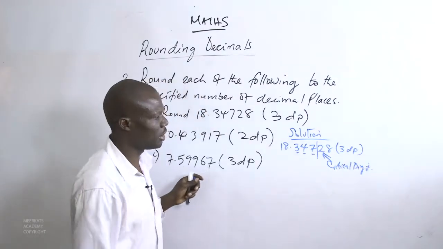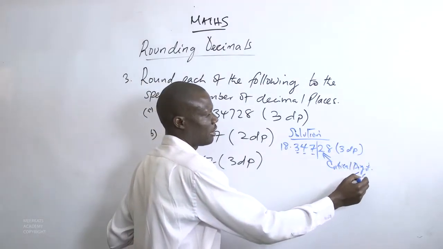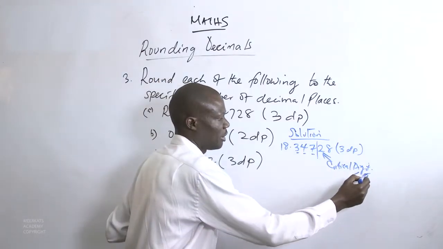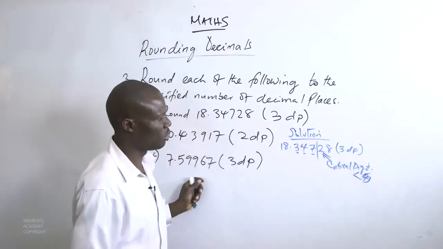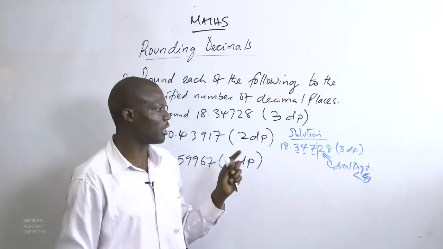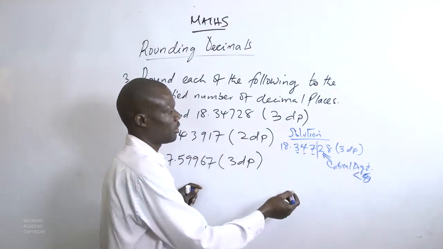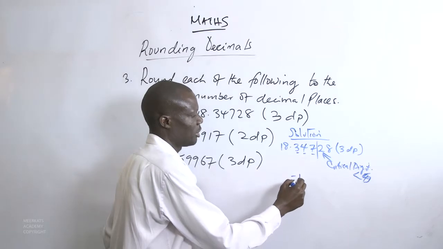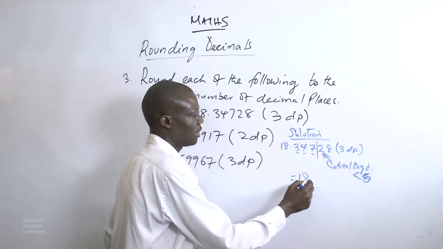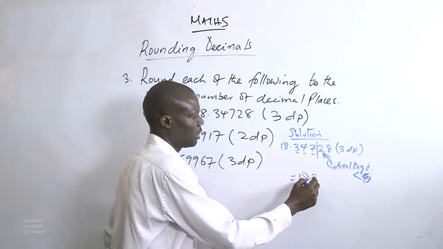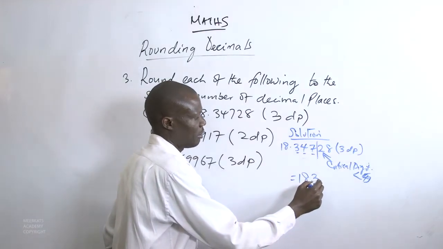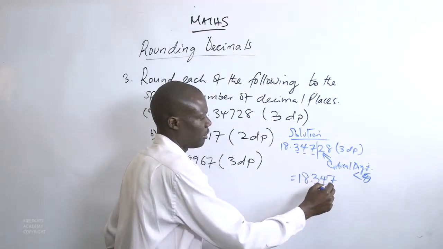Our critical digit this time is less than 5 because it is 2. Therefore, it will be rounded down. We do not need to round this one up, so our answer becomes approximately 18.347.